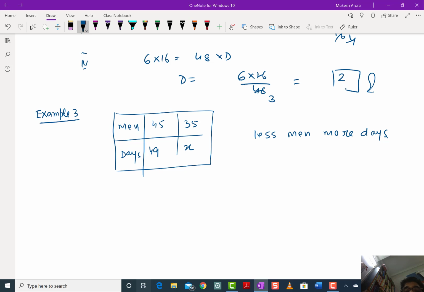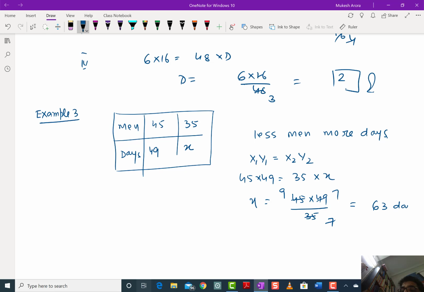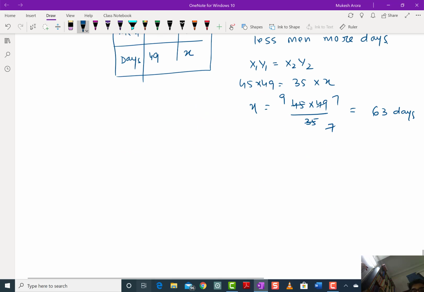So less men, more days. So x1 into y1 is equal to x2 into y2. 45 into 49 is equal to 35 into x. x is equal to 45 into 49 by 35. 5 sevens are 35, 7 nines are 63, so 63 days they need to complete the work.